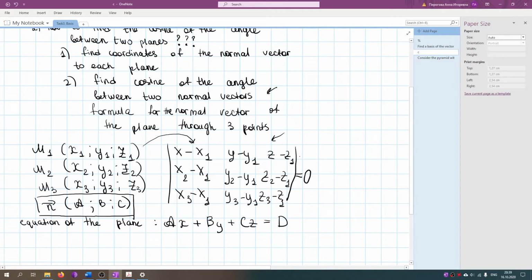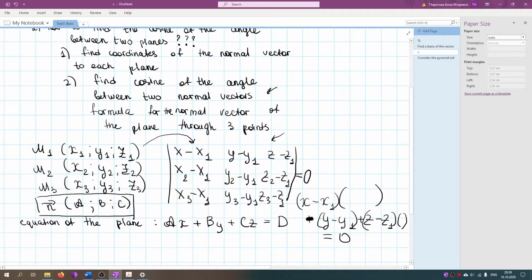After this, we just transform this matrix in such way that it will be like x minus x1 multiplied by something plus y minus y1 multiplied by something minus, and here plus z minus z1 multiplied by something, and we equalize it to 0.